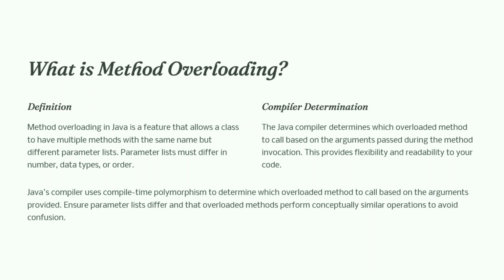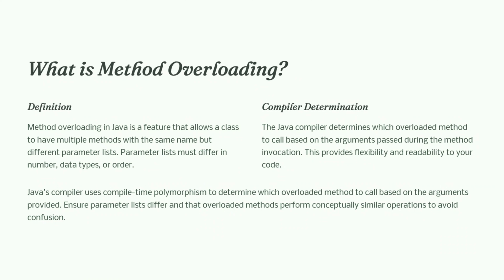The Java compiler will detect if you write two methods with the same name and the same parameters; it will raise a compile-time error telling you that there is the same method with the same parameters. So you can make use of the overloaded method with different arguments, and then you can invoke it.